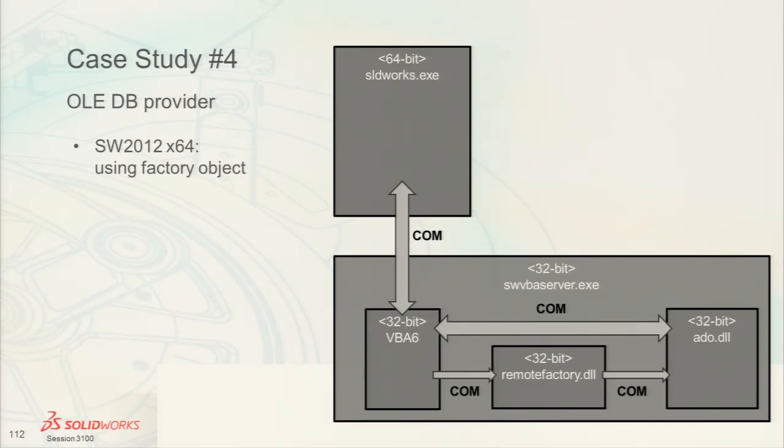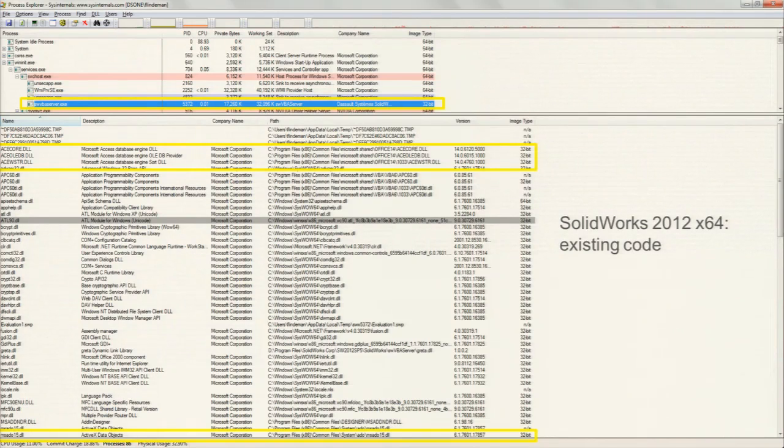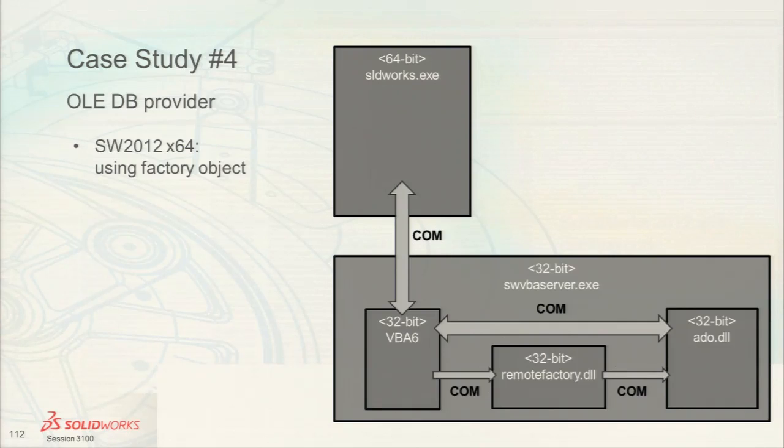Okay. So for SolidWorks 2012, I could show the exact same image. But of course, the one thing to note here is this: now the server, the DLL, can be loaded into the Visual Basic process. So COM will say, okay, this host is requesting this factory object, but it's 32-bit, so I'm perfectly fine to load that 32-bit DLL into that process.